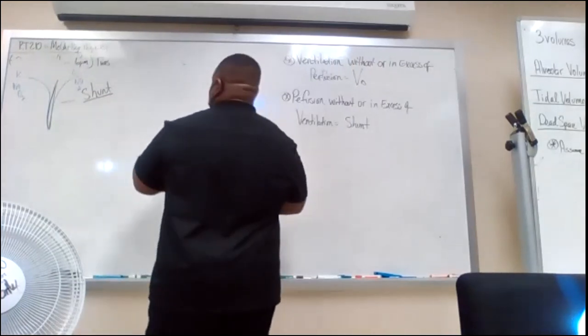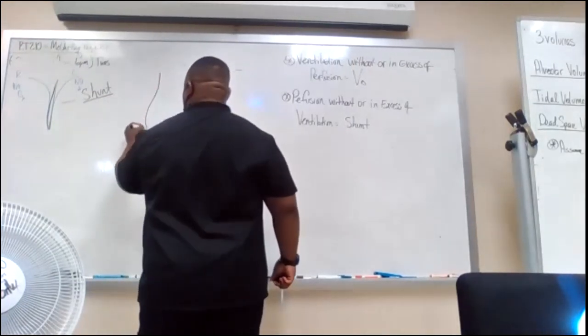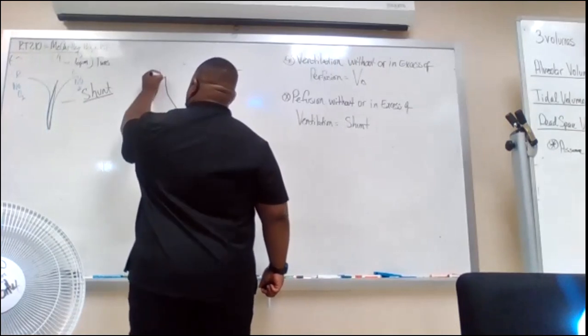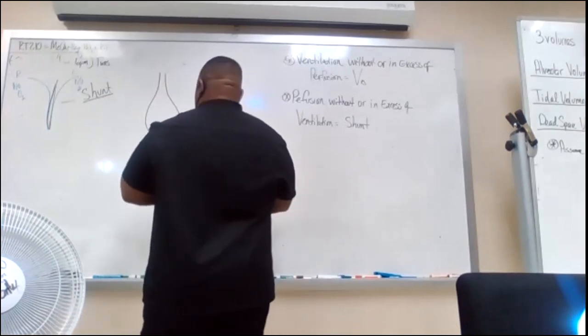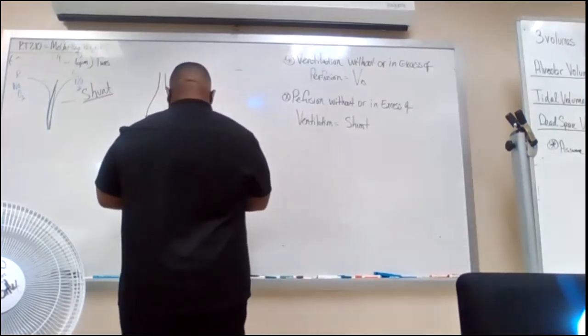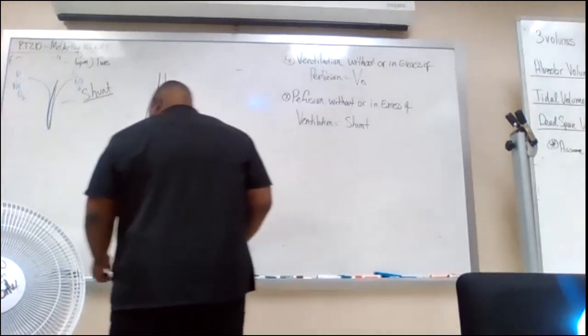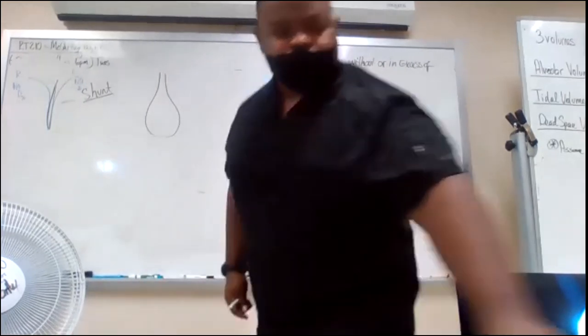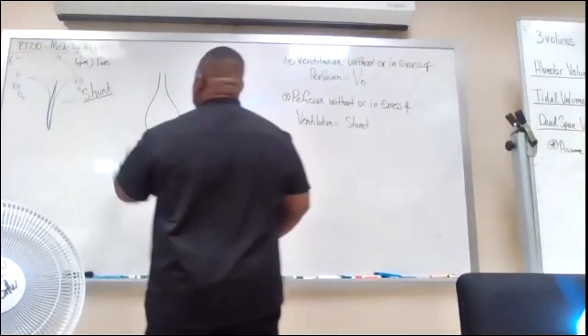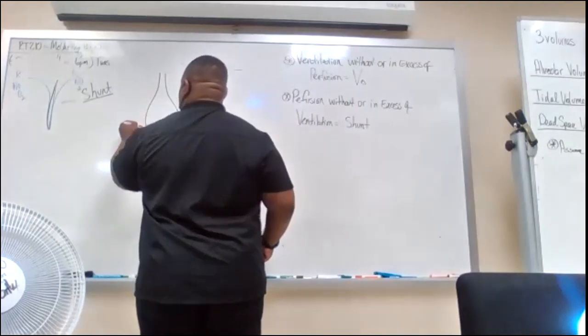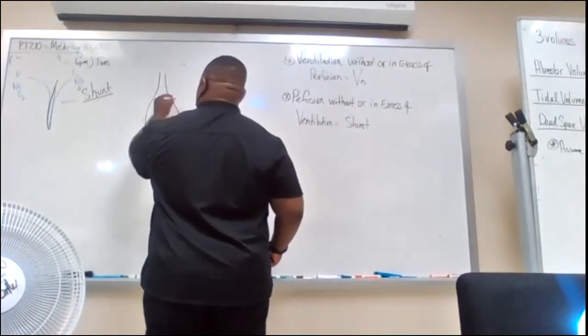But if we have this, alveoli nice and open, but we don't have the blood flow. We got an open alveoli, but the blood flow is just barely there, right?